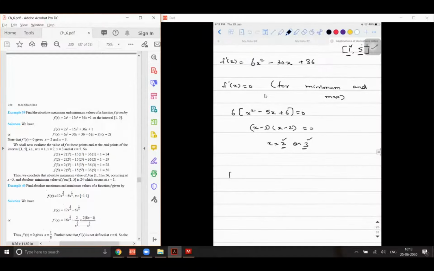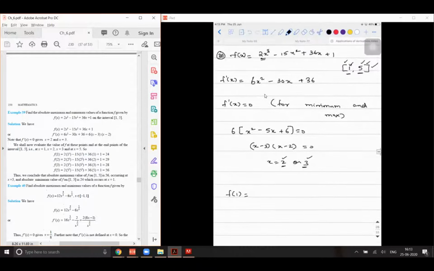So what is going to be the value of f of 1? Why I am checking f of 1 is the starting point of the function. So f of 1 is going to be 2 minus 15 plus 36. How much is it? So 38 minus 15, 23. What are they given? Plus 1 is there.